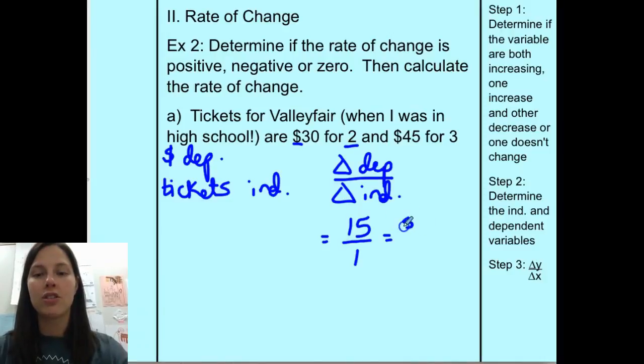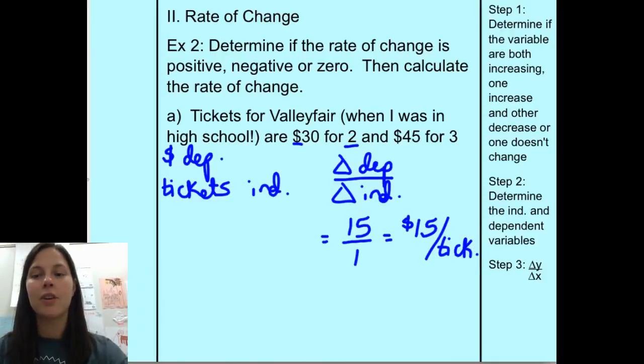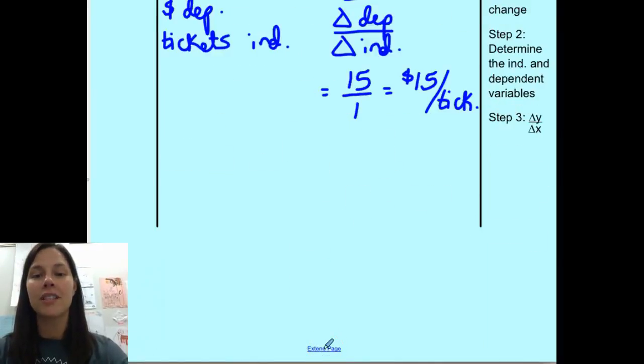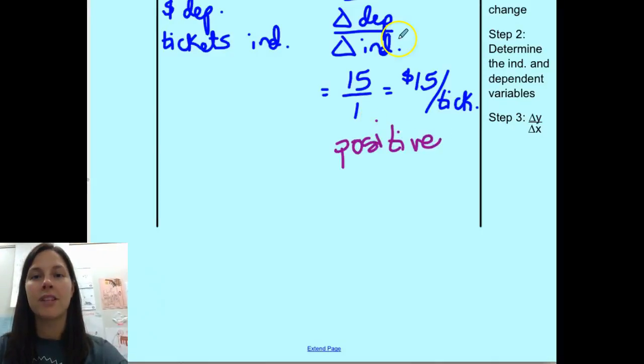So our rate of change is $15 per ticket. And our second question was, is our rate of change positive, negative, or zero? Obviously, $15 is a positive value. Both of the variables went up together. The price went up as the number of tickets we bought went up.